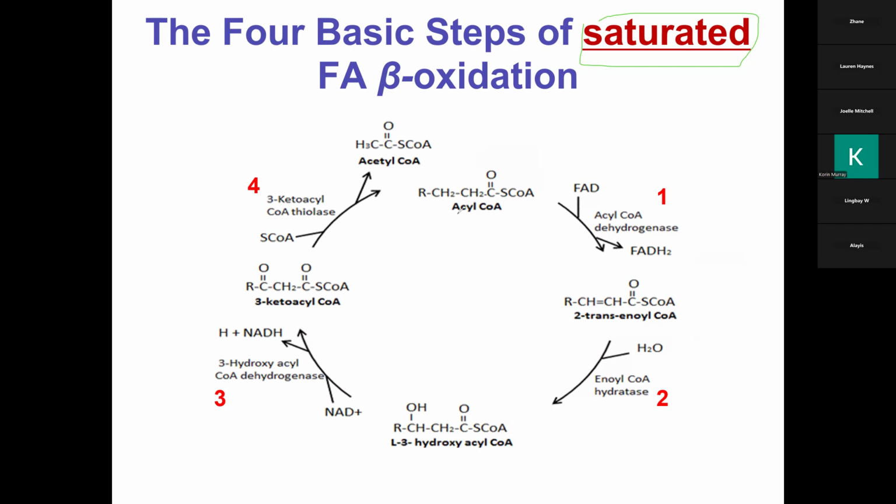Step 1, we start out with our fatty acid CoA. Here's the acyl CoA, and here's the fatty bit. The first step is a dehydrogenase. Dehydrogenase enzymes typically turn single bonds into double bonds.